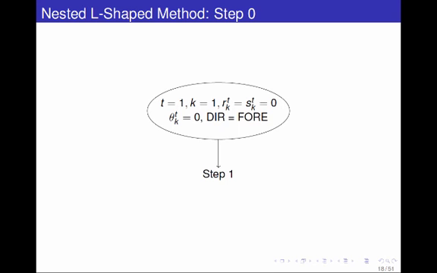Step one is initialization. We start at period 1, scenario 1. This is the counter, I think, for optimality cuts, and the counter for feasibility cuts. The counters are set to 0 because we don't have any yet. And we explicitly input this as a constraint to all of the optimization problems, and our direction is moving forward.